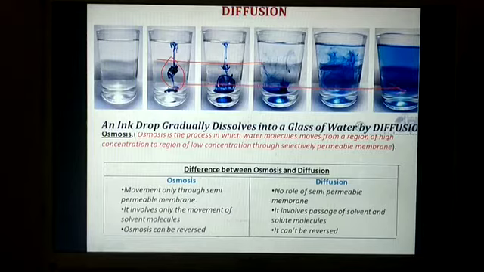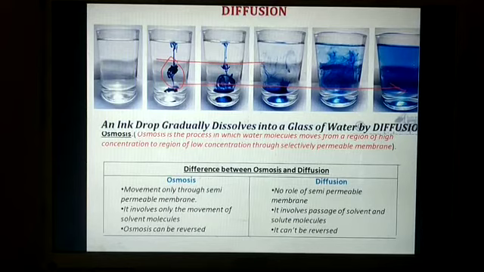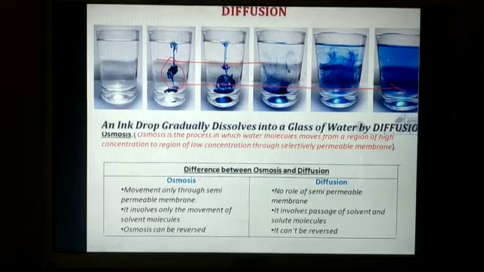Here in this particular area, your ink concentration is more, and in other regions it is less. So this ink will try to go into that area, and in that way it will keep on moving. The ink molecules will keep on moving until there is equilibrium, that means an equal amount of molecules is distributed in the water. So this is diffusion. Here you can see it doesn't require any membrane.